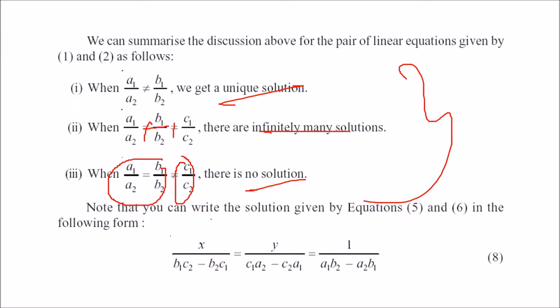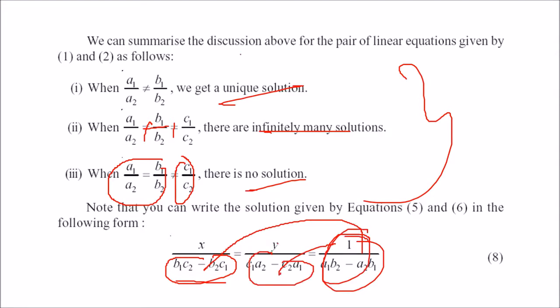So how are you going to get the solution by the elimination method? It will be x by b1 c2 minus b2 c1, y by c1 a2 minus c2 a1, 1 by a1 b2 minus a2 b1. So to find x, just place it here and find out. To find y, just take it here and find out.